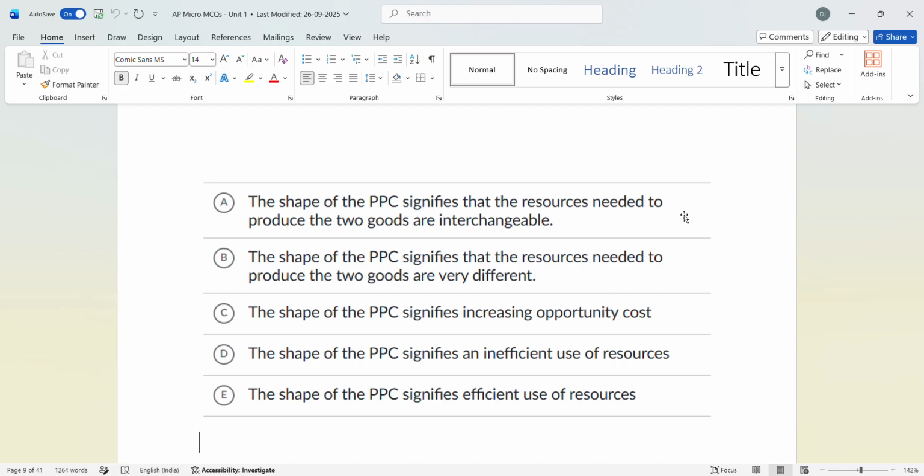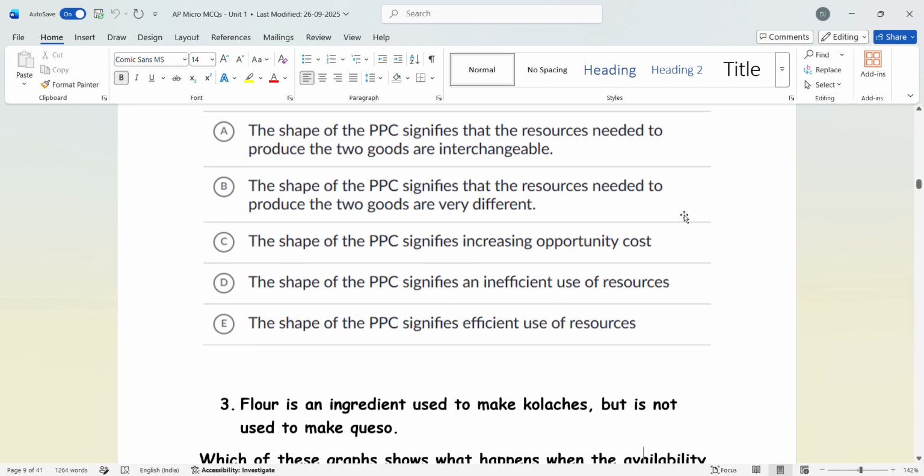The shape of the PPC signifies that the resources needed to produce the two goods are interchangeable. That's why it's a straight line. It's a constant slope in a PPC. Otherwise, usually the PPC is outward bound, right? So it's a concave shaped curve. I've discussed all this in my video, so if you don't remember or if you want to have a review, you can always go back to my video and have a look at it.